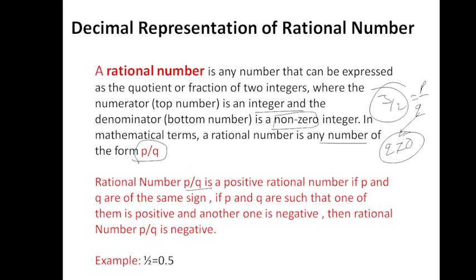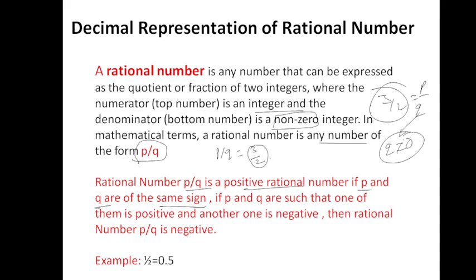A rational number p by q is a positive rational number if p and q are of the same sign. Suppose p by q is a positive rational number, for example 3 by 2.